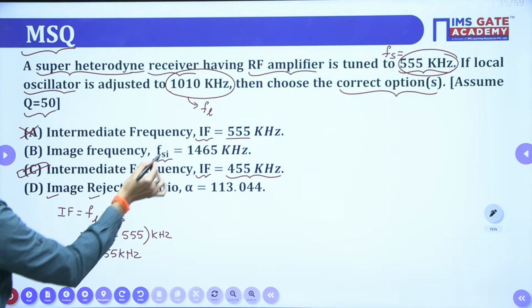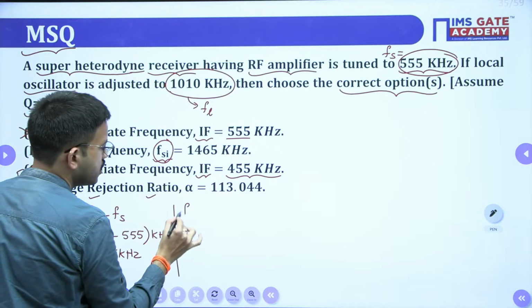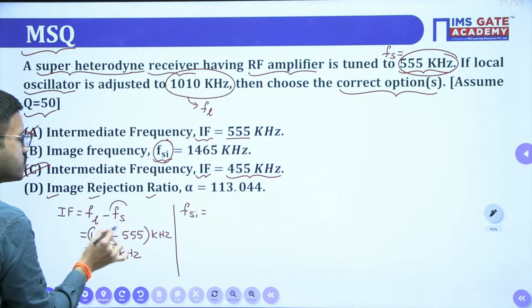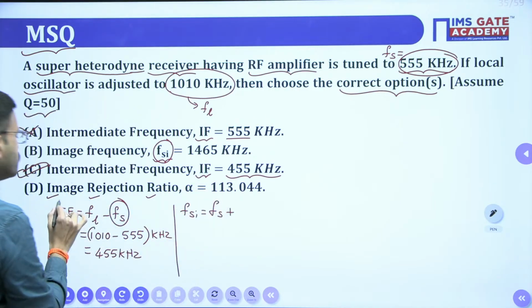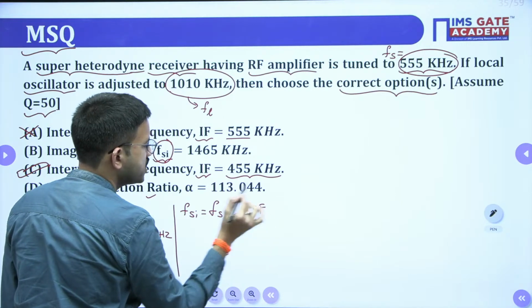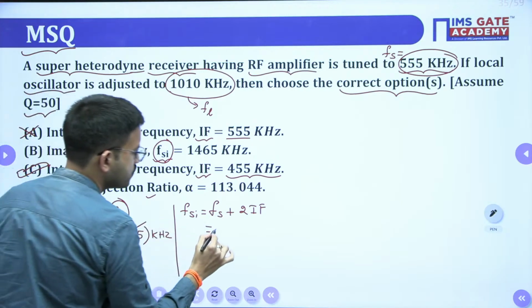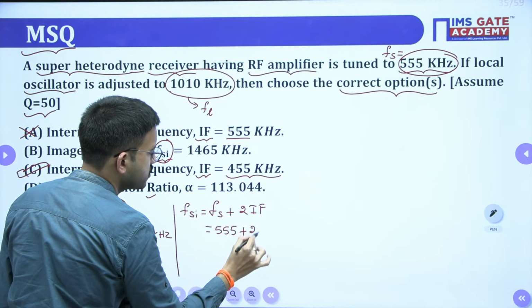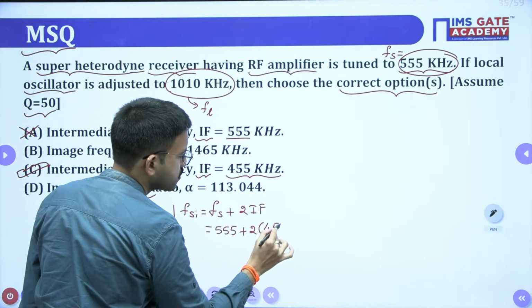Now let us calculate the image frequency. FSI is equal to the signal frequency Fs plus 2 times intermediate frequency. So Fs they have mentioned 555 kHz plus 2 times IF value, just now we got 455 kHz.